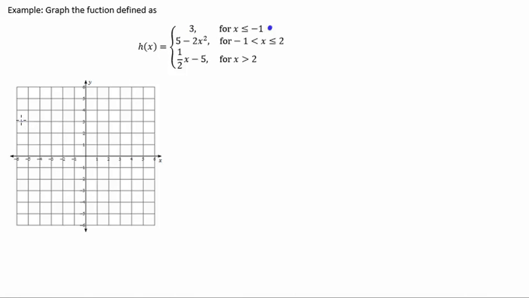So our y values are 3 until we get to -1, and it's equal to at -1. And so it's just a horizontal line at 3 that keeps going to the left as far as it can go. But it's a filled in dot at -1 because x is less than or equal to -1.